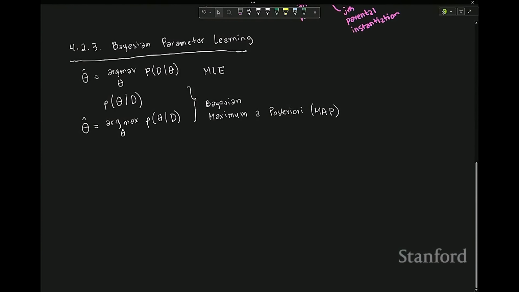When we apply this to a Bayesian network, we would be looking at the likelihood of our parameters theta given some graph structure G that we still assume to be known. And here theta represents all parameters in our network. So that's just a compact way of writing that.